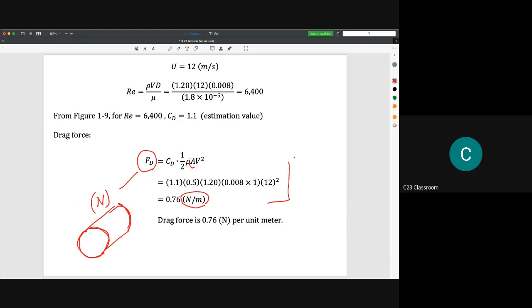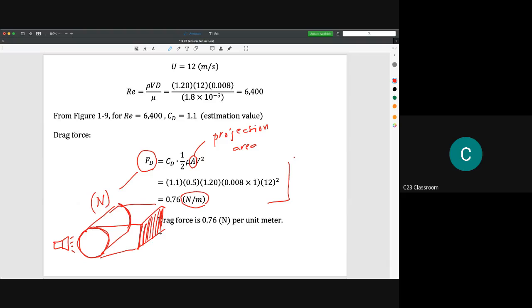The value of A here is actually the projection area. If you imagine you have a torchlight here, you will get a reflection of its shadow. This is the projection area.